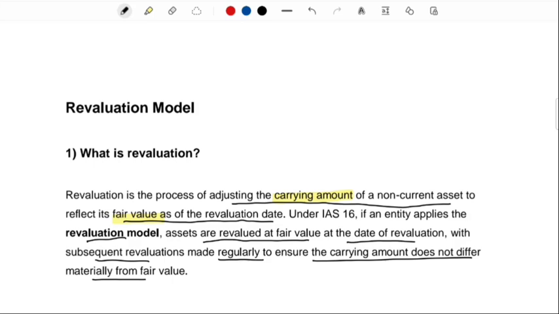It is not one-time revaluation. So if I decide to revalue the asset today to its fair value, I have to update my asset to the fair value on regular basis. So this is what revaluation is, where the asset is going to be carried at its fair value.